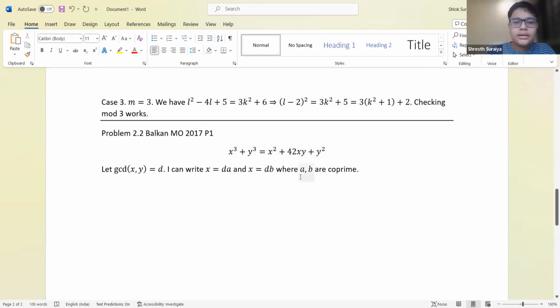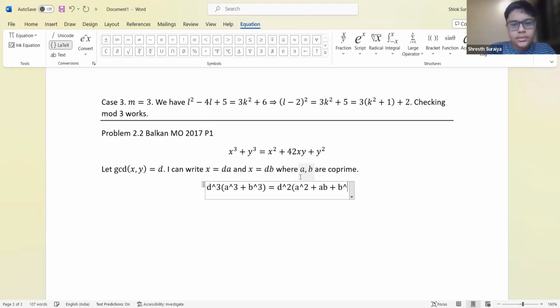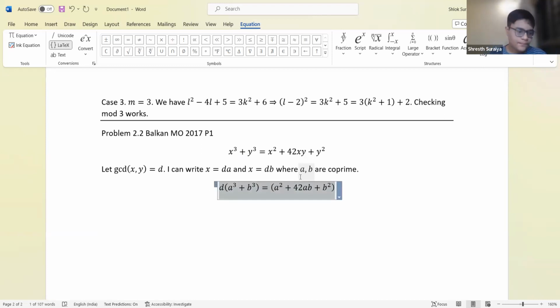So I just substitute this into the equation. I get d cube times a cube plus b cube, and that equals d squared times a squared plus ab plus b squared, so 42ab. So I can cancel a d here.